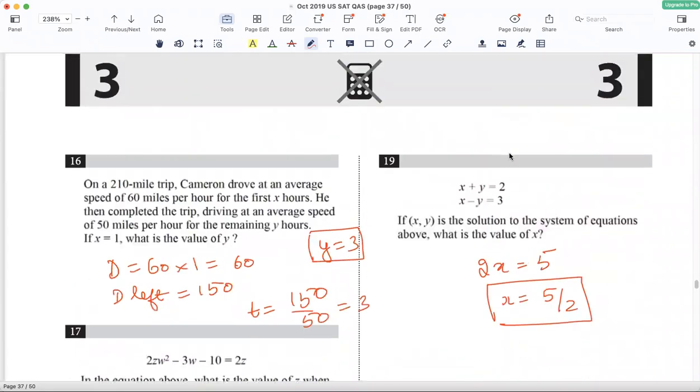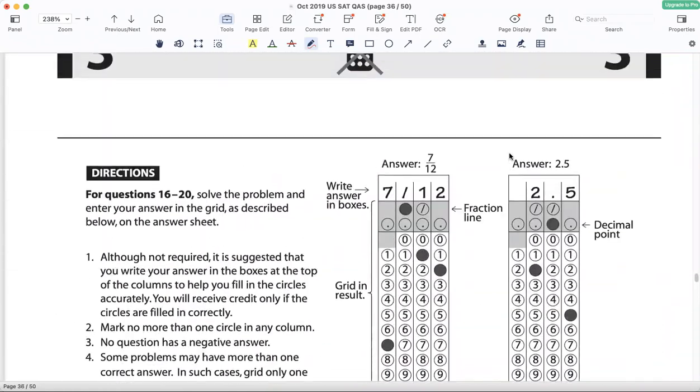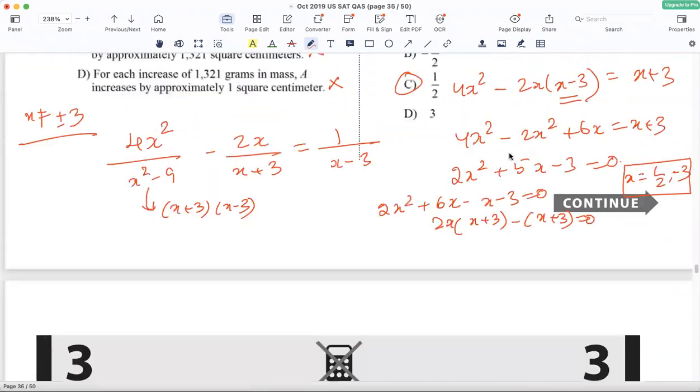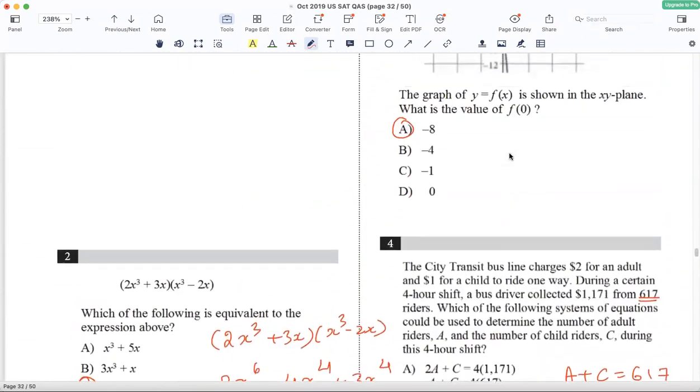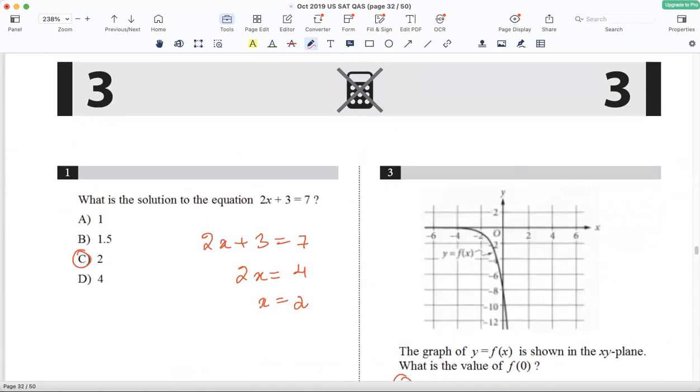Okay, so that was the no calculator section. Let's grade this. Starting from question 1.